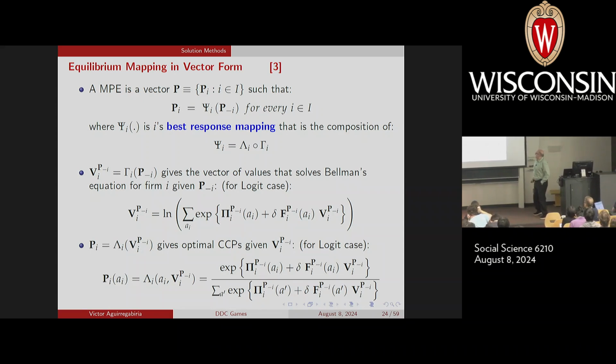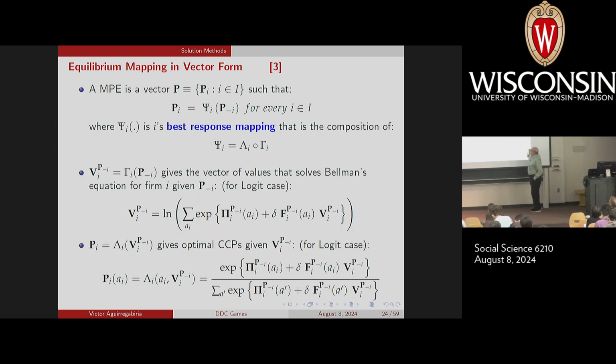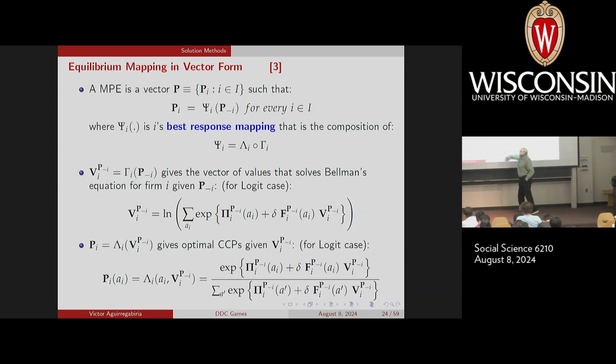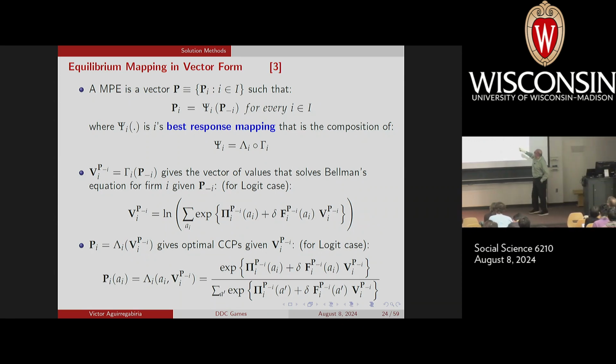Given that, using vector programming, the implementation of this fixed point algorithm is quite straightforward. Basically, this is a vector of value functions, this is a matrix, this is a vector of payoffs. We iterate to update the vector of value functions using this expression up to convergence, and there will be convergence because this is a contraction.